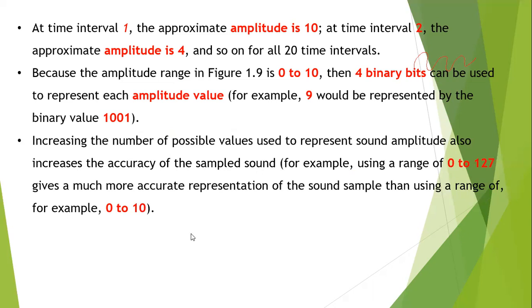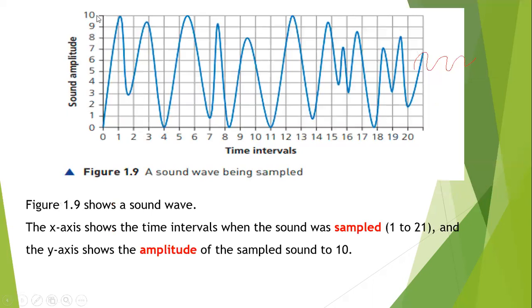It means that right now the range is 0 to 10, but if you increase it to 0 to 127, the sound will be produced in a better quality. Now you can see how sound is generated from the computer using these techniques.